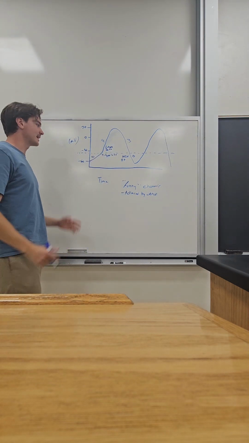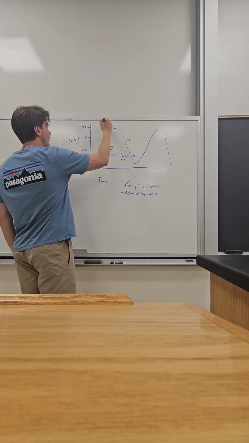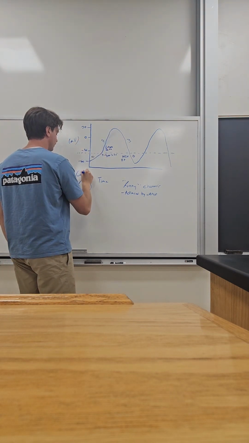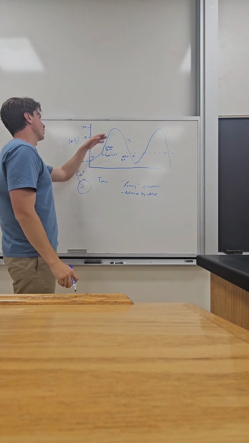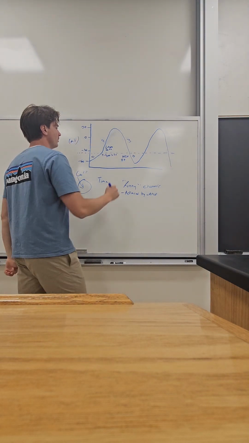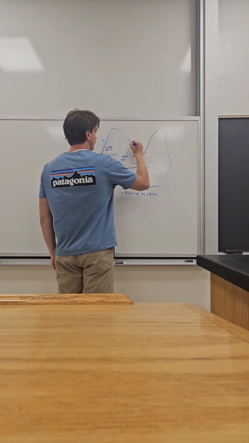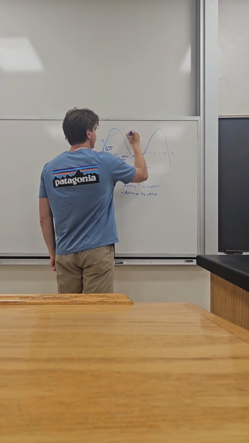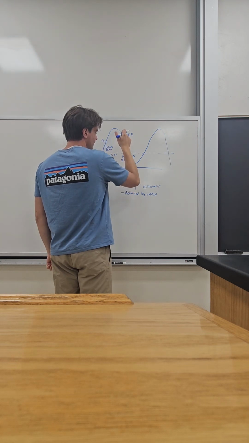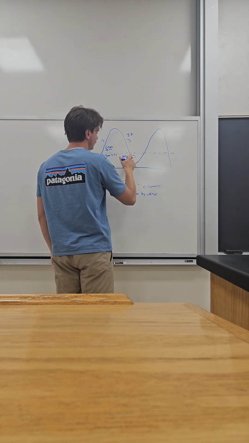Calcium will rush into the cell, depolarizing it. And upon depolarization, potassium channels open. And this will start to repolarize the membrane once again.